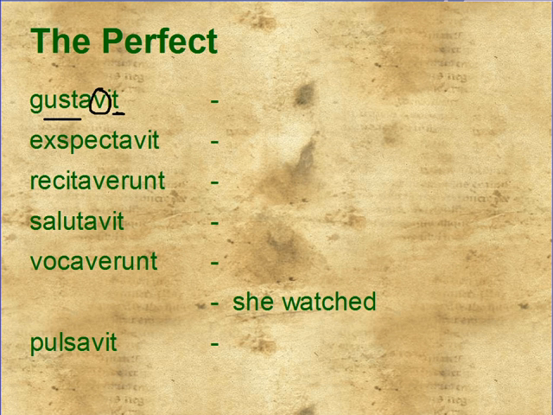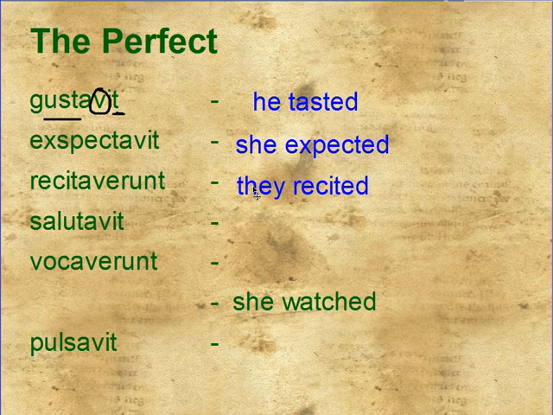Exspectavit, she expected. Recitaverunt, they recited. Salutavit, she greeted. Vocaverunt, they called. Pulsavit, he punched.